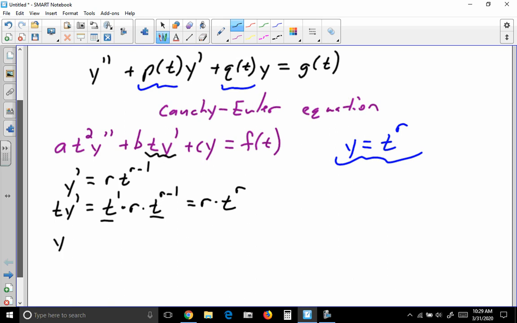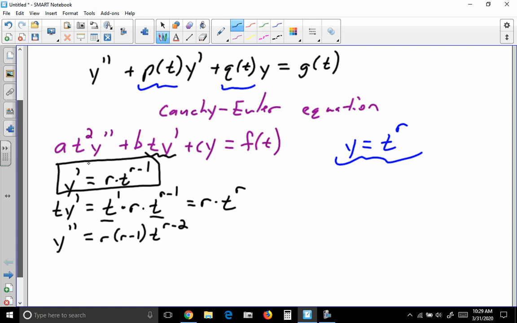Now to get the second derivative, we go back to the first derivative, and we take the derivative of it. r is a coefficient, so we bring the power down, t to the 1 less power. So that's the second derivative.